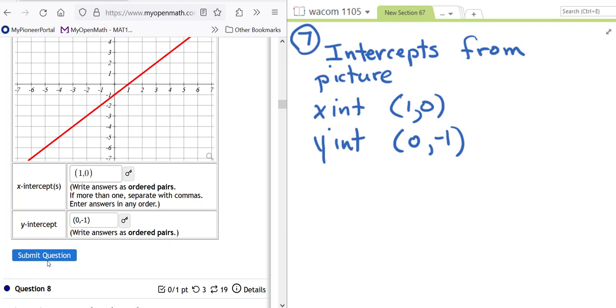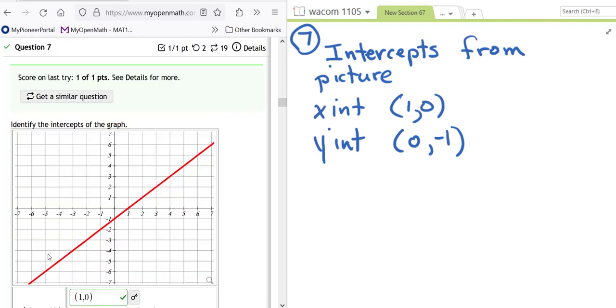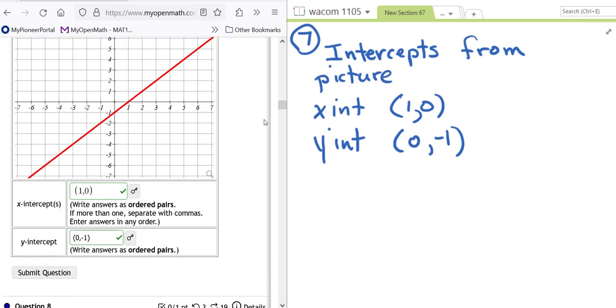Okay, I don't know why it did not give me the little template. But we got the answers right.